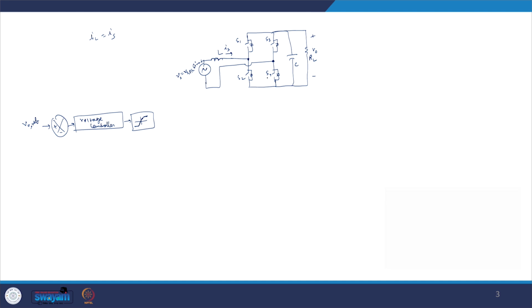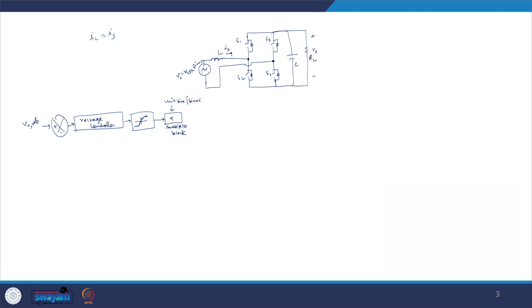So we have already defined that rating, which is why the clamping is needed, and that will be sent to a multiplier block. Now if you recall, in the case of boost PFC we multiplied the output with the modulus of unit sine omega t, but here we will multiply it with the unit sine, which is just unit sine omega t.